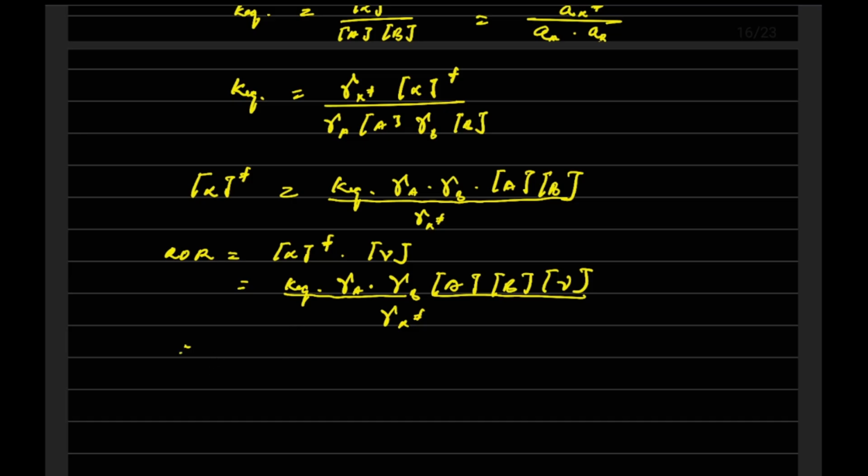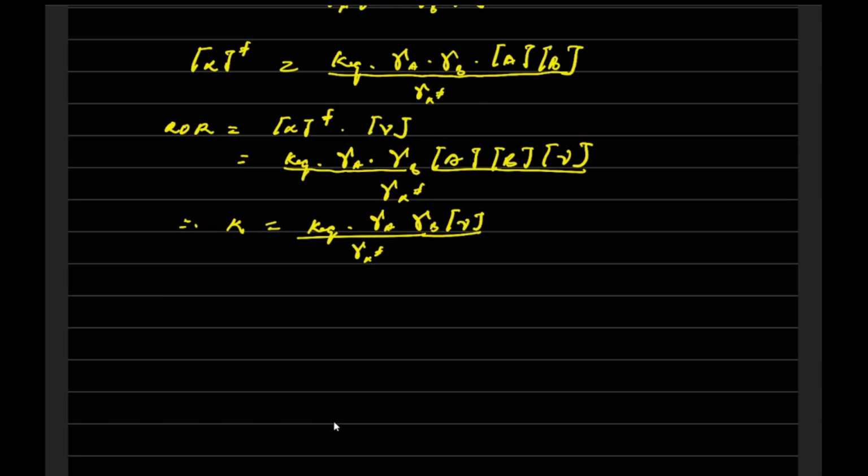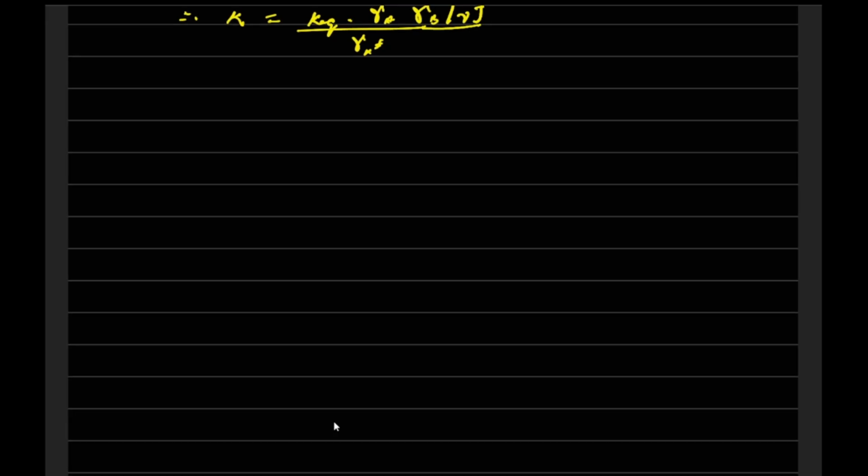Therefore, the rate constant K is equal to K equilibrium gamma A into gamma B divided by gamma of X star, into the frequency as well. Okay, so this is for kinetics of ionic reaction.